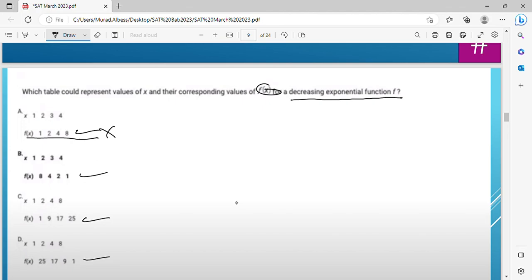So that's not correct, and this is increasing too. Maybe this or this. For this one we have 8, 4, 2, 1, so we divide by 2 every time. Here 25, 15, so we subtract 8. So the exponential one is the answer.